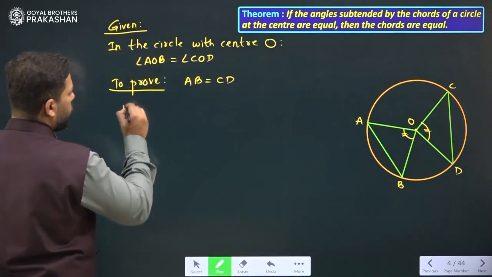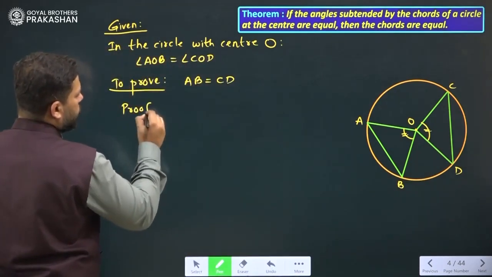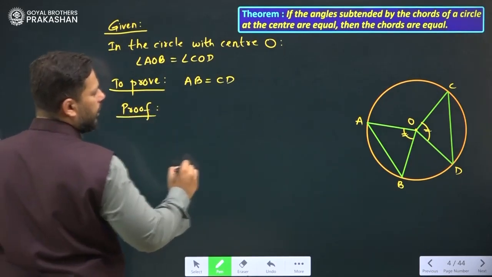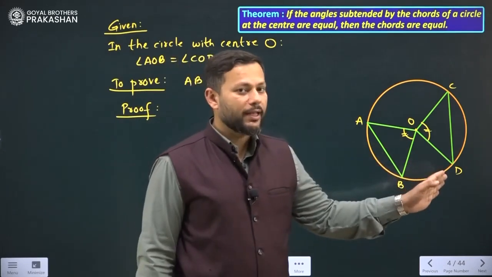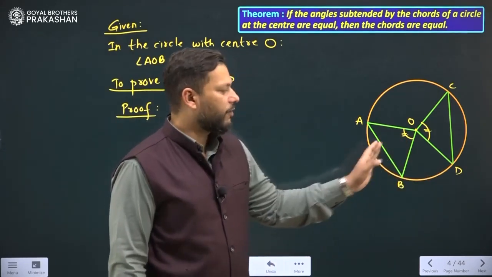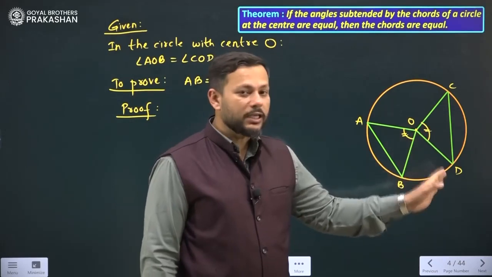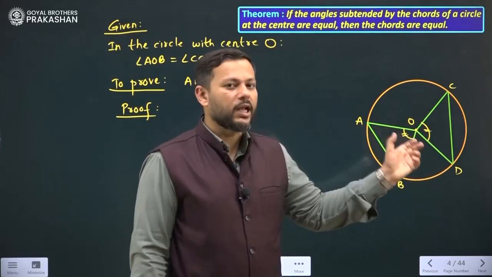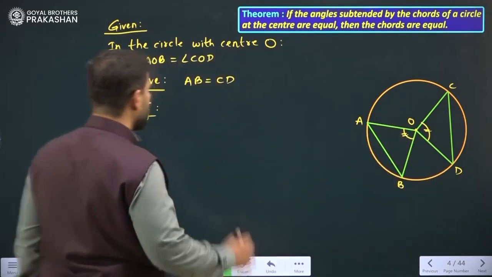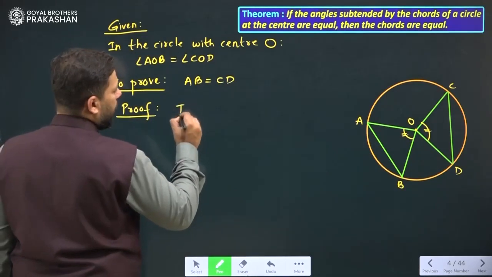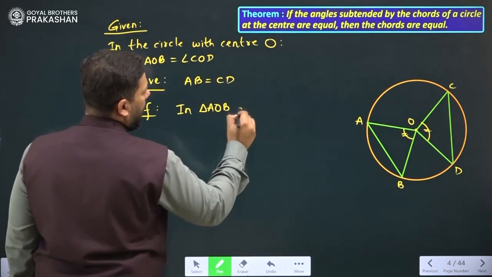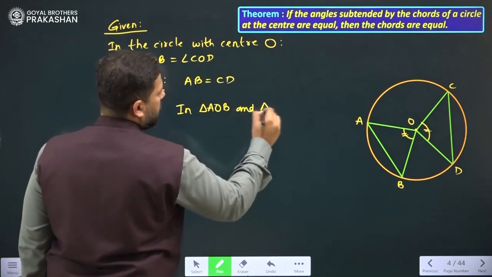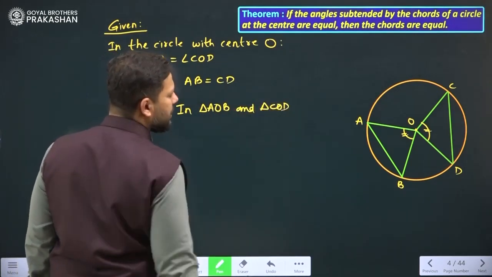So what is going to be our proof? If we talk about its proof, we will look at these two triangles again. I see that there are two triangles in this given circle, a triangle AOB and a triangle COD. They both contain the required chords. Let us use these two triangles. So in triangle AOB and triangle COD, what do we see over here?